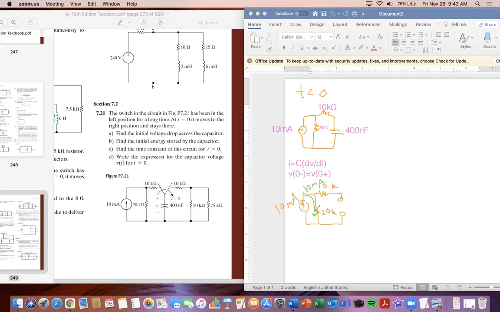And therefore 10 milliamps is going down here. 10 milliamps times 20K, that gives me 10 e to the negative 3 times 20 e to the 3, so I got 200 volts here.